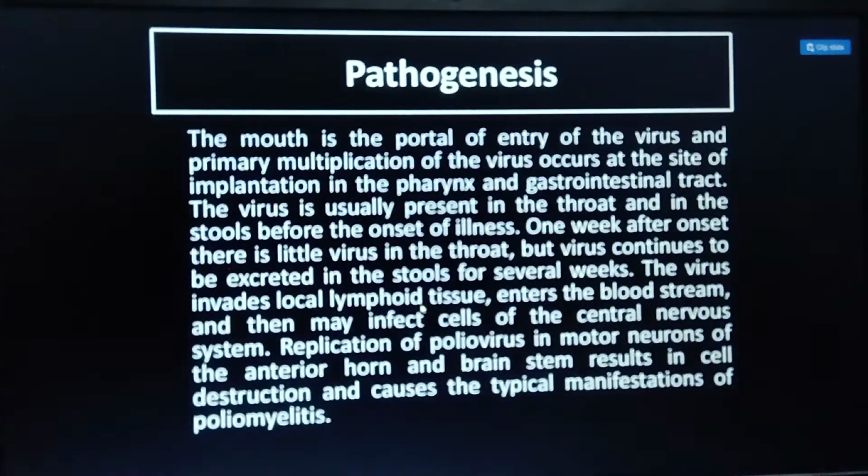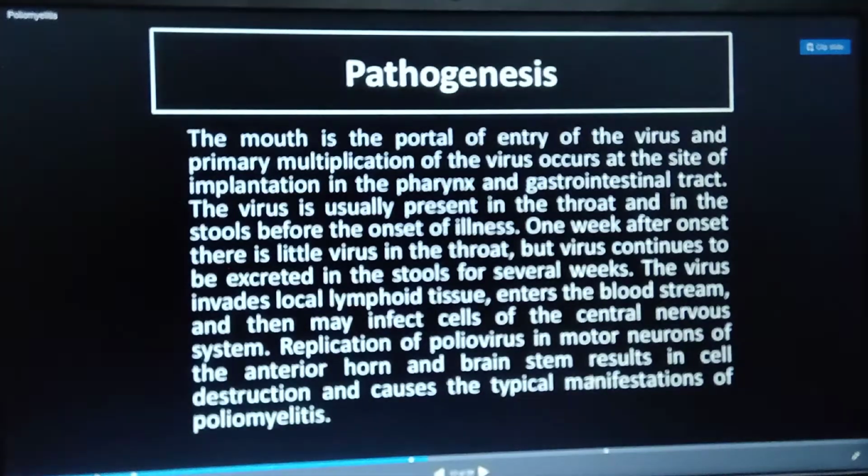So the central nervous system is damaged in the stem cells, and automatically the person develops poliomyelitis, or the clinical manifestations of poliomyelitis. Clear?